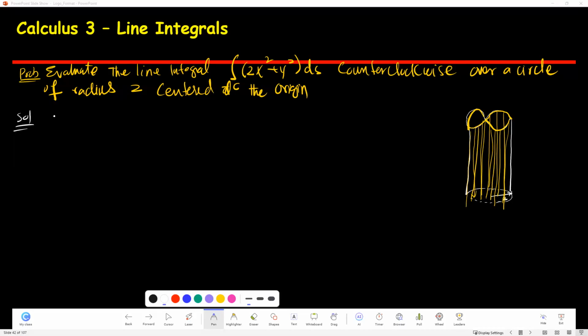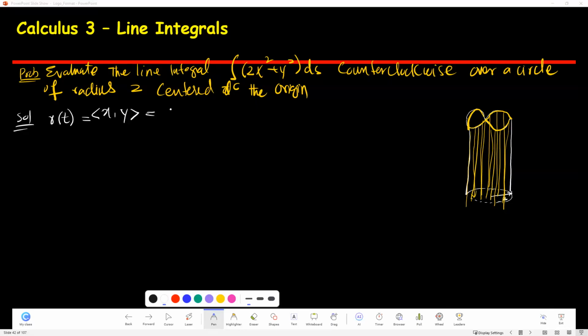So I'm going to be writing my r. You can call this ds or directly call r, and then I'm just going to use my parametric equation. So 2, my R cos t. If you remember, we write the parametric equation in this form, x comma y.